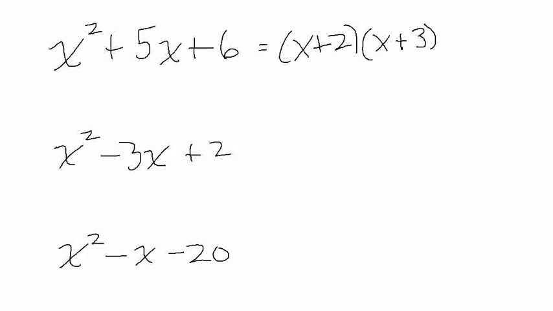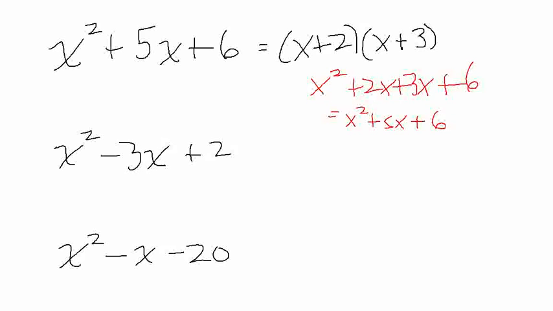That's one way that you can confirm that it's correct. So if I was to FOIL out this product of binomials, let's see, I get x squared plus 2x plus 3x plus 6. Combine like terms, x squared plus 5x plus 6, and there you can see that indeed I end up with what I started with, the same quadratic expression.